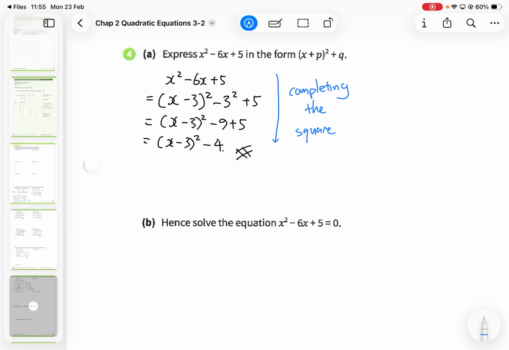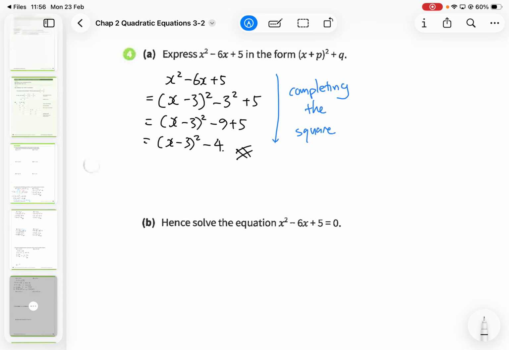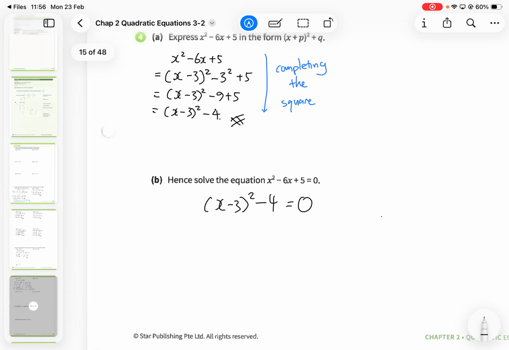They will ask you to complete the square, then ask you to solve the equation. Okay, so those of you who finished copy already, try question 5. Complete the square first, then after that, try to solve the equation.